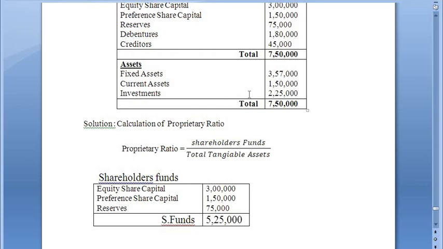Whatever total asset will be there, that only will be total tangible asset. What are examples of intangible assets? Brand, goodwill, then intellectual property such as patents, trademarks, copyright. All these are considered examples of intangible assets.